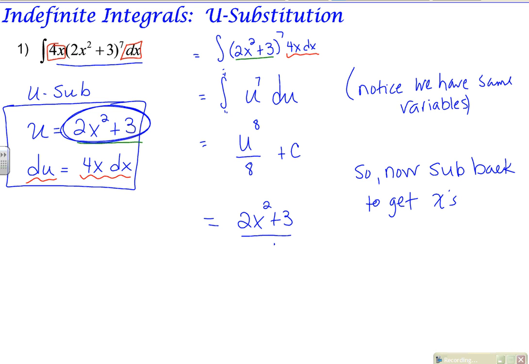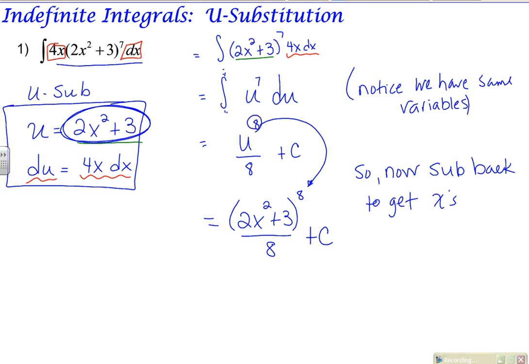It's now divided by 8 plus a constant. I missed my 8 power. I was stepping back and just analyzing it, but I needed that 8. It was u to the 8th, so don't forget to put that 8 power there.